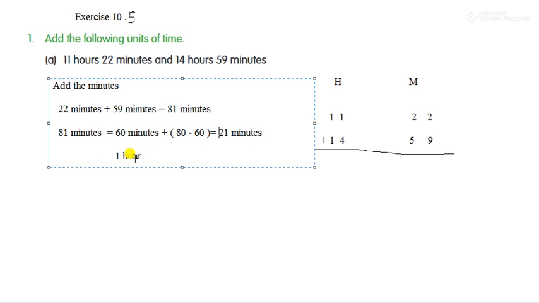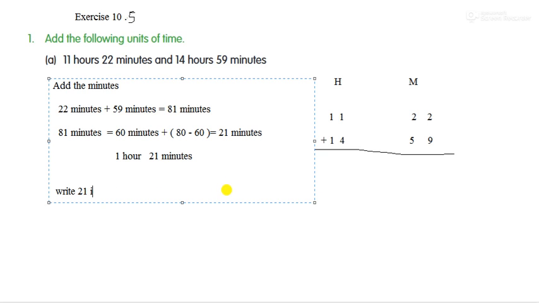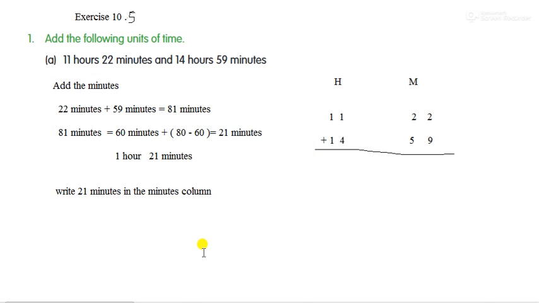For 60 minutes we will write it as 1 hour, and here the remaining is 21 minutes. So in the minutes column write 21, and 1 carry over to the hours.